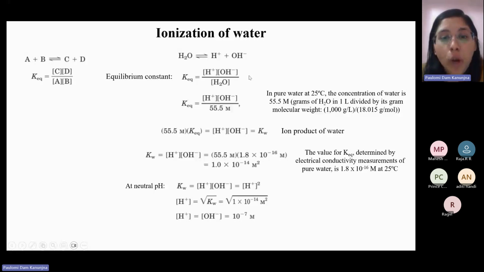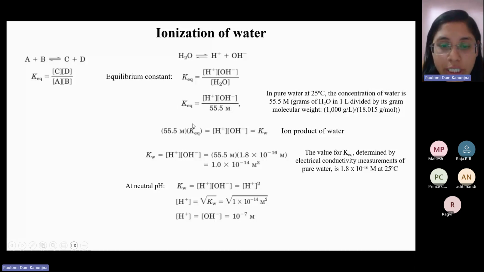The concentration of the reactant, which is the water here, in pure water at 25 degrees is 55.5 molar. We substituted this value and cross multiplied. We got 55.5 times the equilibrium constant, which is equal to the concentration of H plus multiplied by the concentration of OH minus, which is basically both the ions, so the ion product of water.